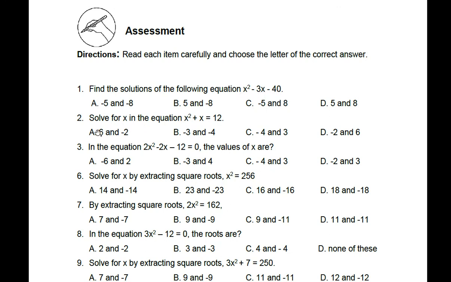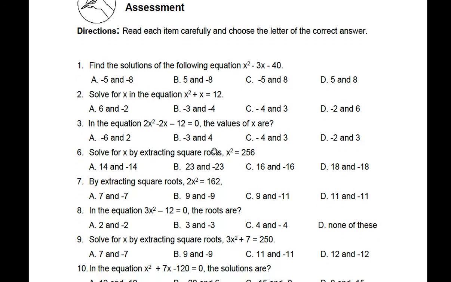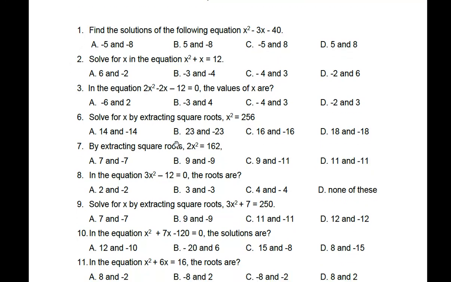Number 2, solve for x of the equation x squared plus x equals 12. You can use the quadratic formula, or completing the square. In the equation 2x squared minus 2x minus 12 equals 0, the values of x are. So use the formula. Numbers 4 and 5.